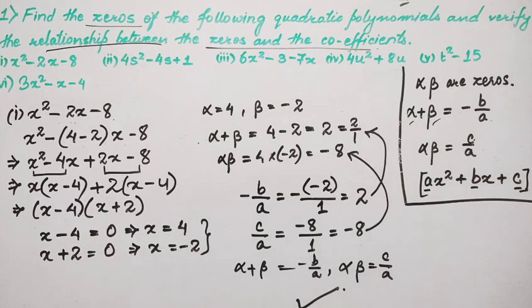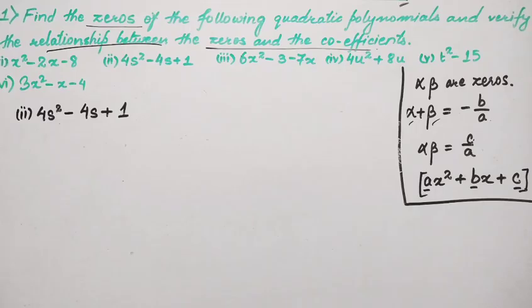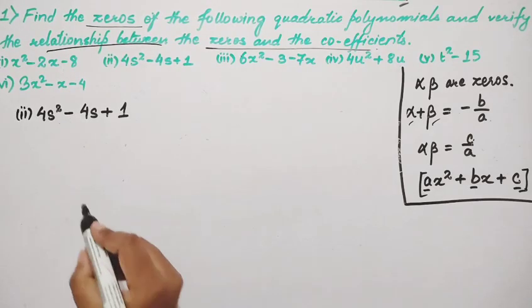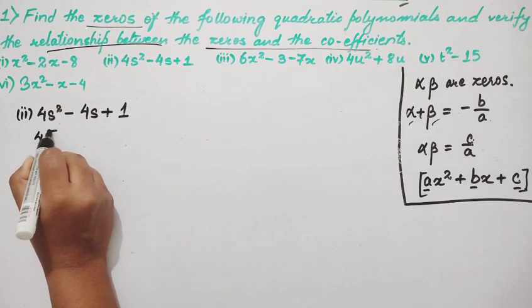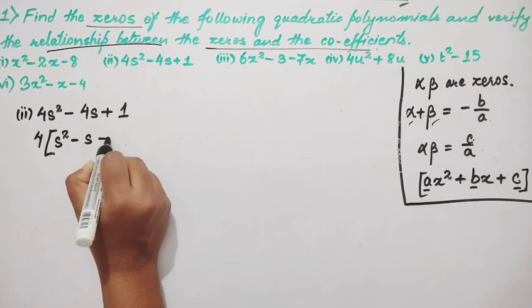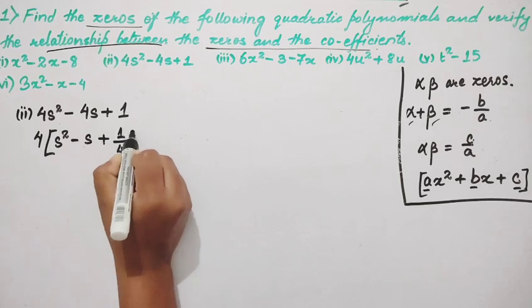Moving towards next question. Here in this case, it is always better to keep the coefficient of s square as 1 for the ease of calculation. So we will take 4 as common, which will give us s square minus s plus 1 by 4.